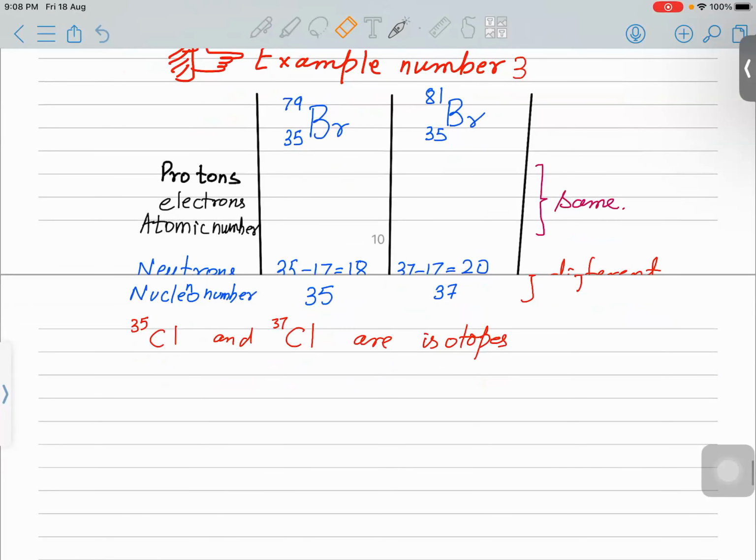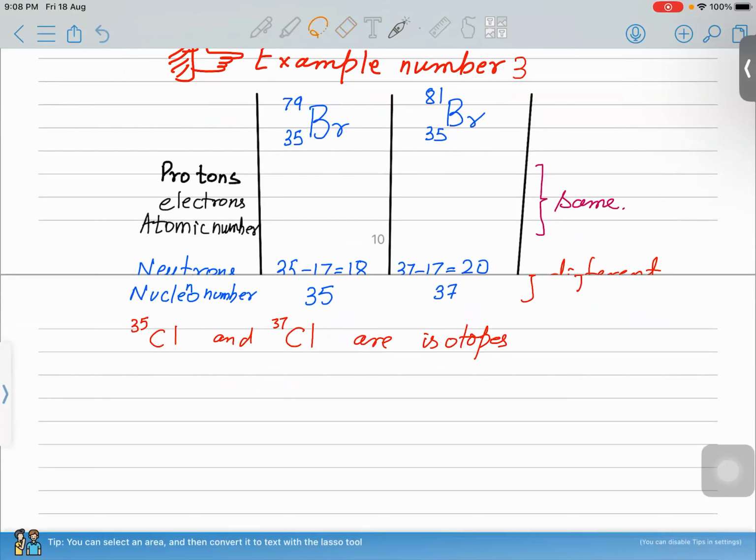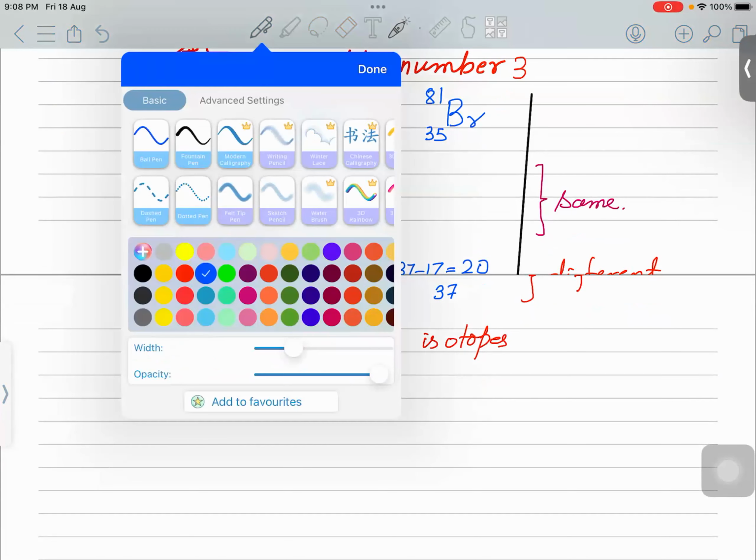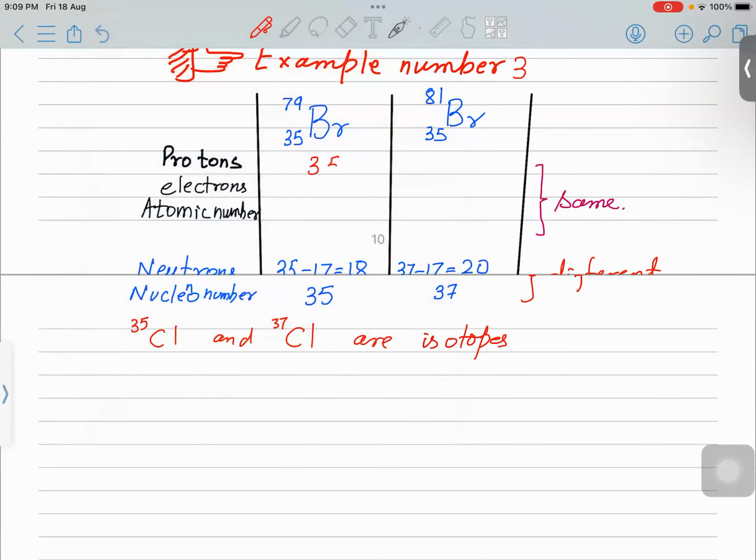Sir, the number of protons is 35 for both of them, the number of electrons is 35 for both of them, and the atomic number is also 35 for both of them. So both bromines have the same proton number, the same electron number, and the same atomic number.